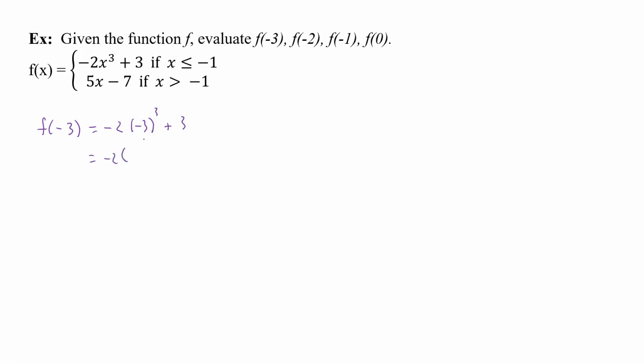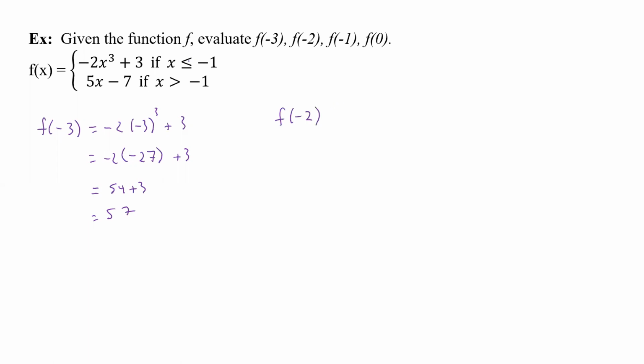Well, 3 times 3 is 9, times 3 is 27, and it's going to be negative, so -27, and then plus 3. Now a negative times a negative is positive, and 2 times that is going to give us 54 plus 3, and that's 57.